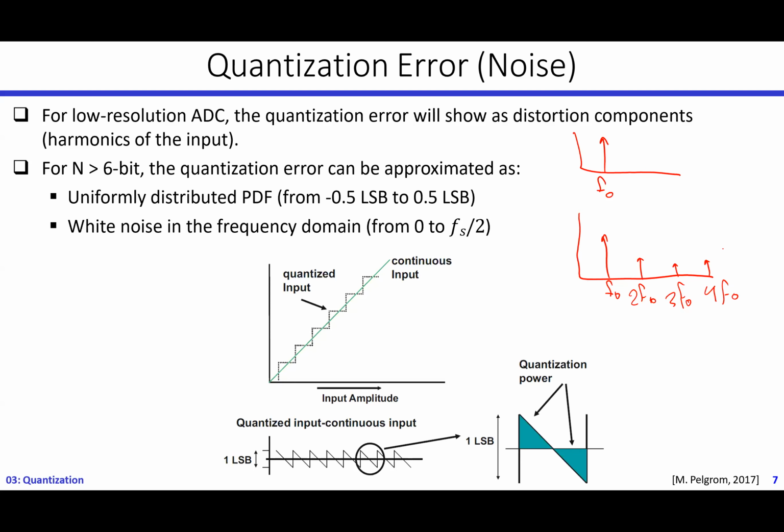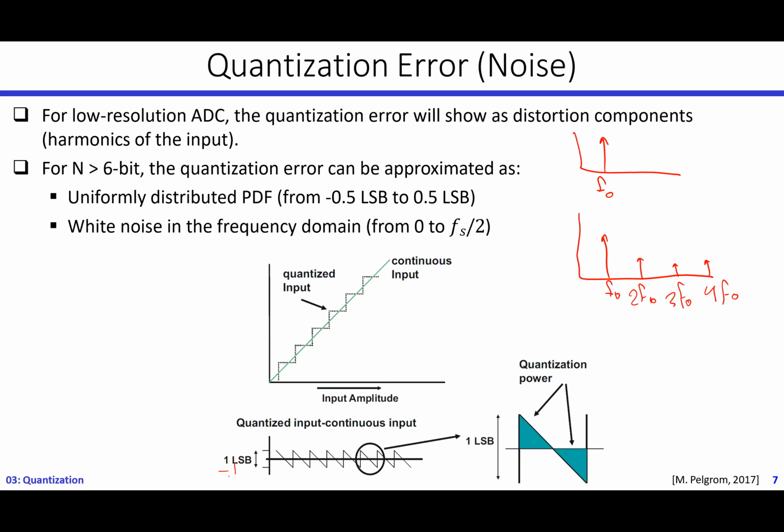Now, when I increase the resolution of my ADC, so N is greater than 6 bits, I have a larger number of levels, and my quantization error is no longer a function of my input signal. I can assume it is uniformly distributed between minus half LSB and half LSB. It will look something like this here.